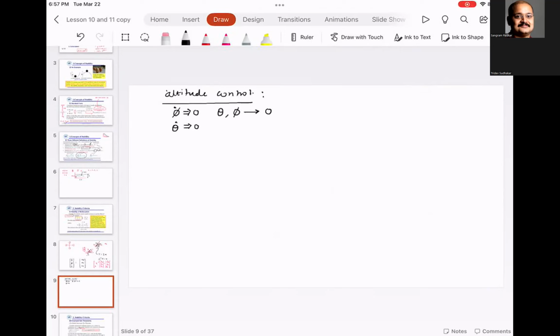Do you agree with me? If my theta and phi go to zero and stay at zero, my theta dot and phi dot are going to go to zero. Everyone understood this logic? I would explain this once again. In attitude control, I want my theta dot to go to zero and I want my phi dot to go to zero.